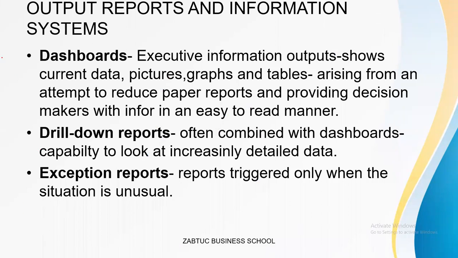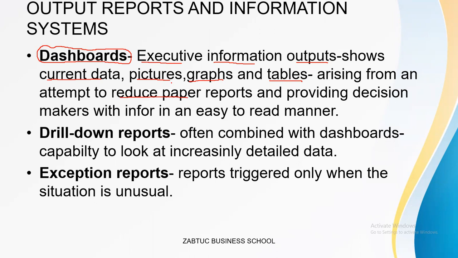Coming to outputs, the reports. The type of outputs which are referred to on our paper includes the dashboards. So what is a dashboard? An executive information output, which shows the current data, with pictures, graphs, and tables, arising from an attempt to reduce paper.